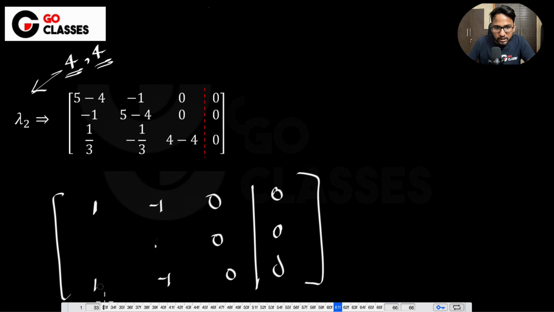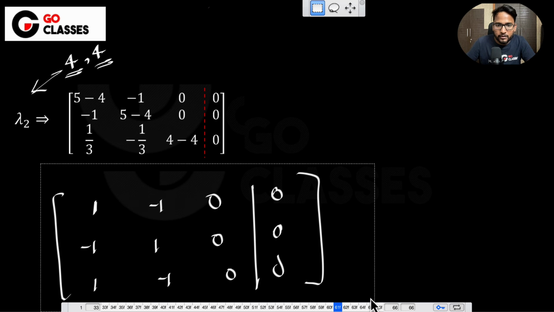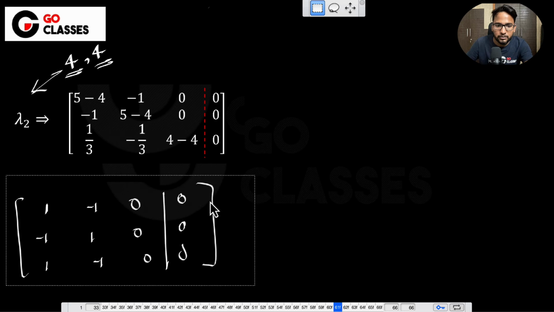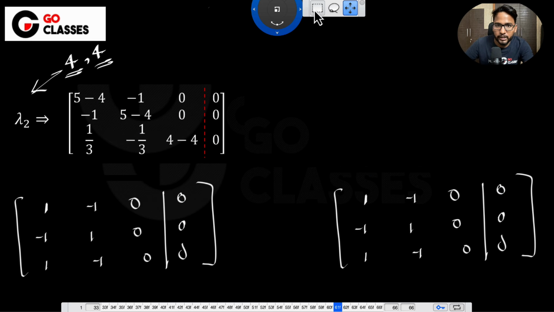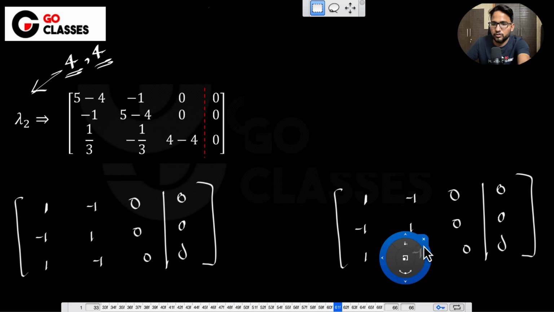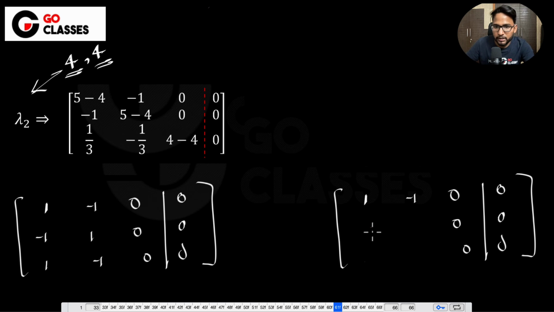And since these two rows are the same, this is also 0. I hope you got it, right? Okay, let me rewrite it maybe. So you can make two rows as 0 here, which means these two rows are actually 0. So you will be getting 0, 0 here, 0, 0 here, right? After the elementary row transformation, you can easily get it.